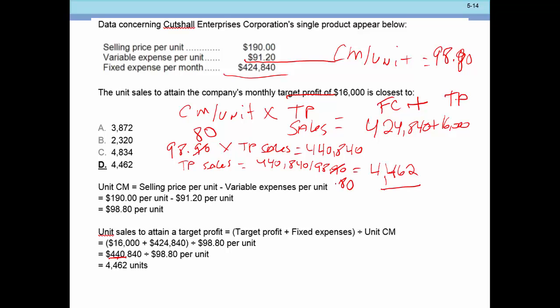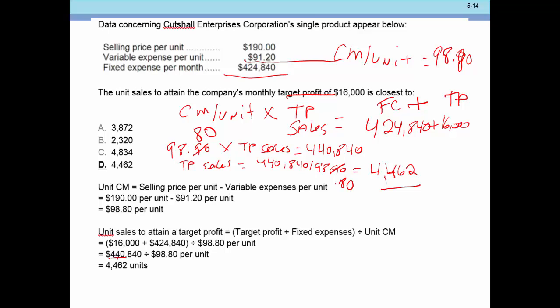So I just add the target profit to my fixed cost, and so now I'm saying my 98.80, which is my contribution margin per unit, times my what? Times my target profit sales will equal my fixed cost plus, and I added in my target profit, didn't I?